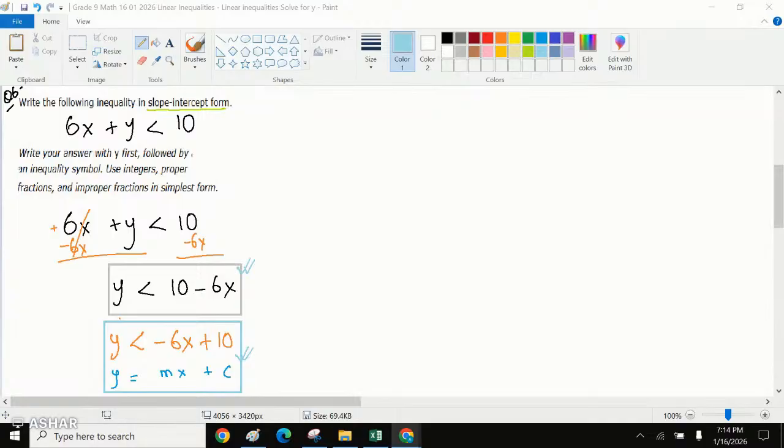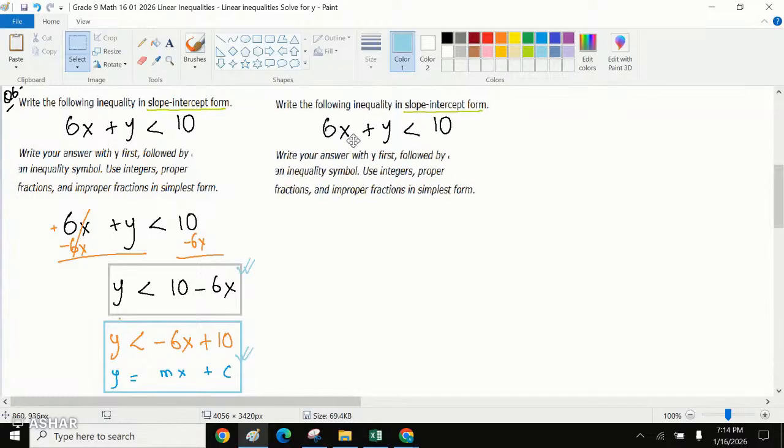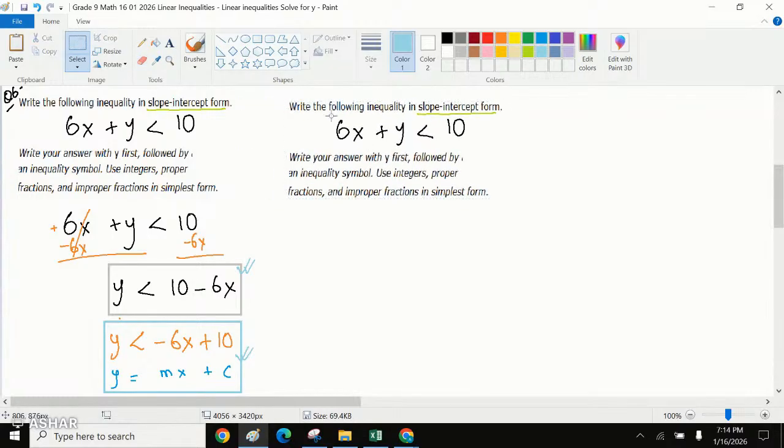Okay. Let's have a look at the next question. Okay. 1 minute, please. The question number 7 that is given to us states that, I'll change the inequality, and we are doing slope intercept. Question number 7 states that 14x plus y is greater than or equal to minus 15.